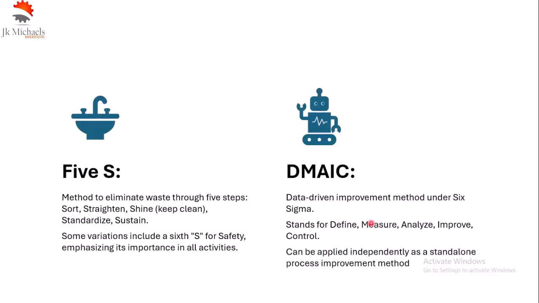And then when we finish measuring, you want to analyze for gaps, right? What are the gaps between your current process capability and your desired process capability? What are the factors driving those differences in performance level?